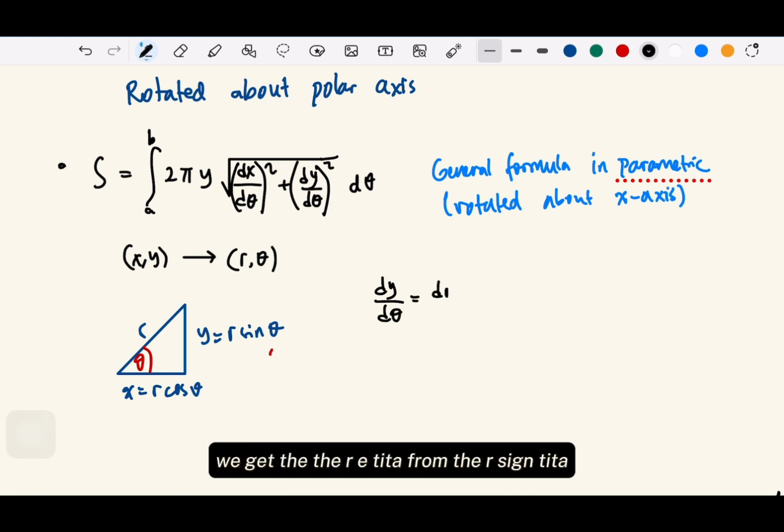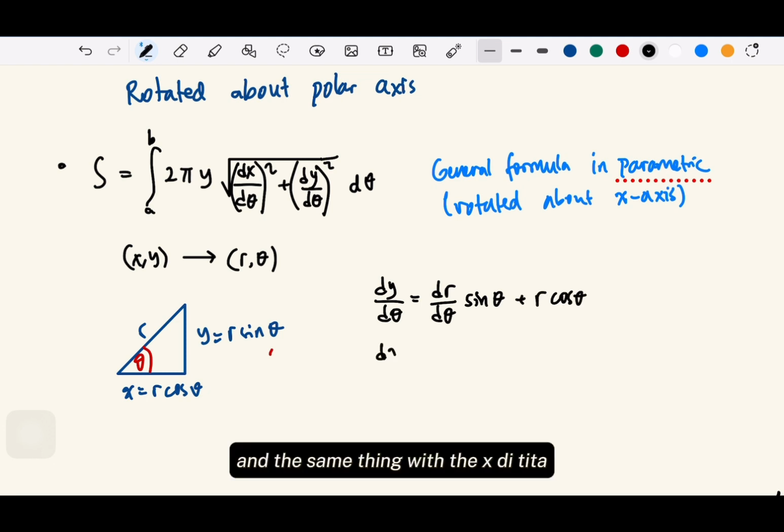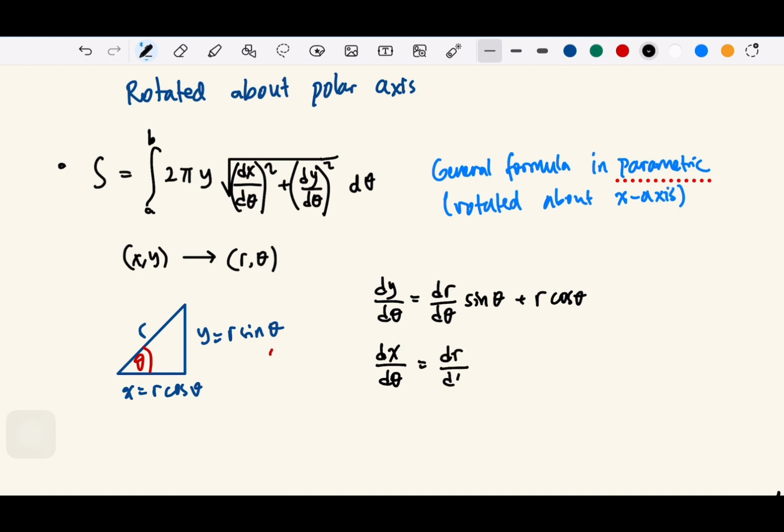We get the r d theta from the r sine theta, and this is sine, and then plus r cosine, and then the same thing with the dx d theta. Okay, we get that.